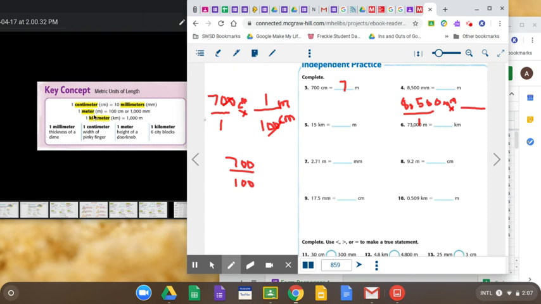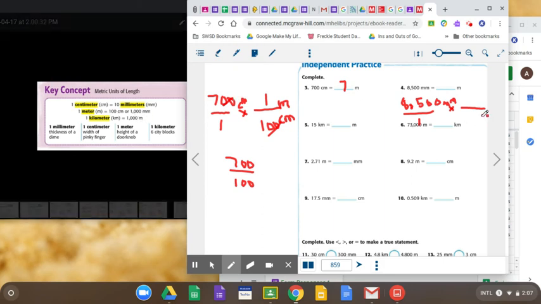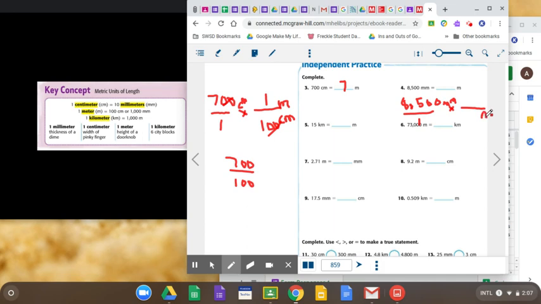It says 1 meter is equal to 1,000 millimeters. So millimeters has to go on the bottom. It's cross canceling. It's diagonal from the other millimeters. This one is where you would write 1,000. And then 1 meter goes up here.